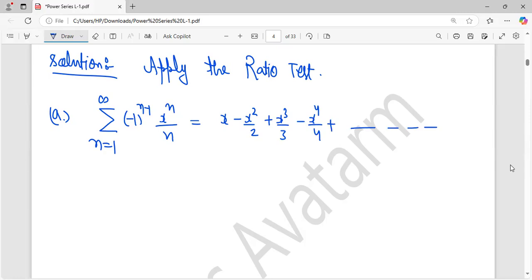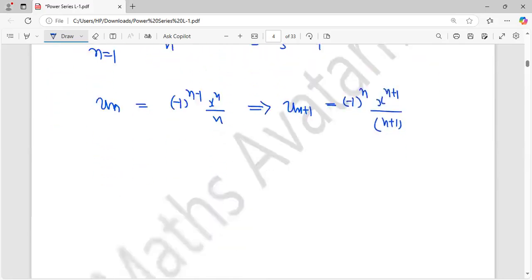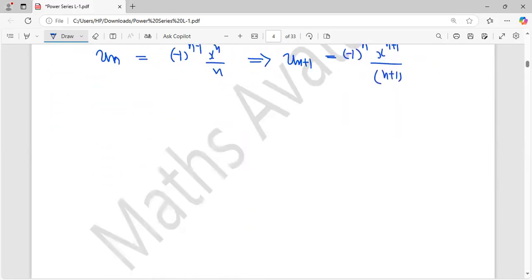What is un here? This implies un plus 1 is... So what is un plus 1?